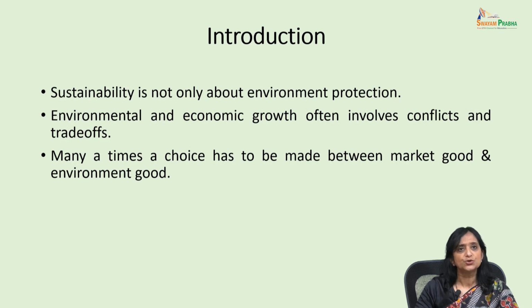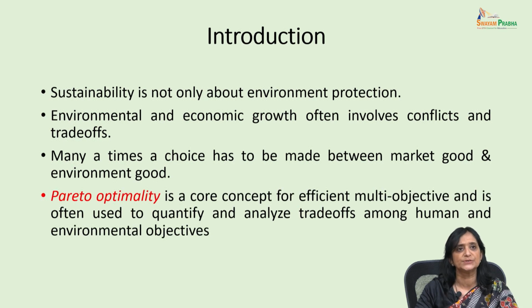So, the choice which has to be made between market goods and environmental goods creates a problem of allocation of resources. Pareto optimality is hence a core concept which we use to analyze this allocation of resources.